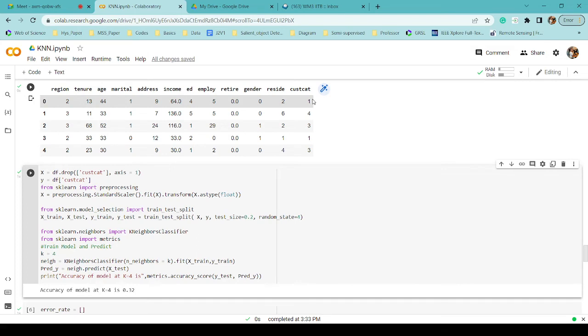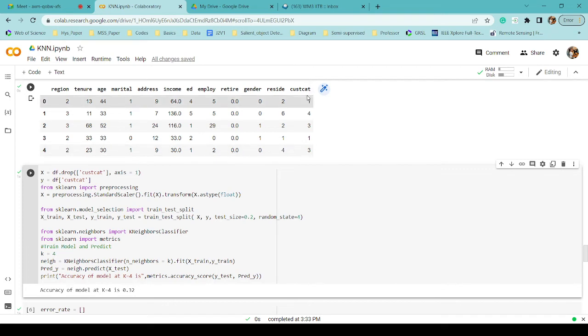Okay, custcat means customer category. So with the telecustomer data, I'm telling you, with the help of this reason, tenure, age, all these factors, which customer category does it belong to? That is my model.